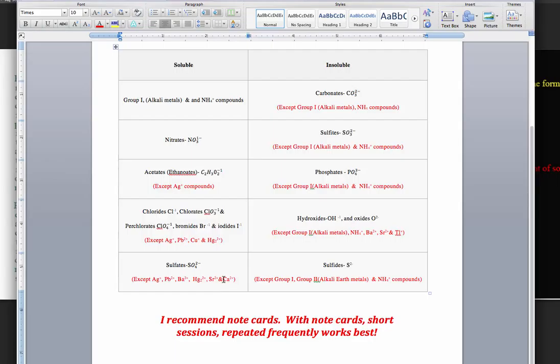So you can use acronyms to help you memorize these. Like for the sulfates that are soluble, it's can anyone please hug Bob Smith?